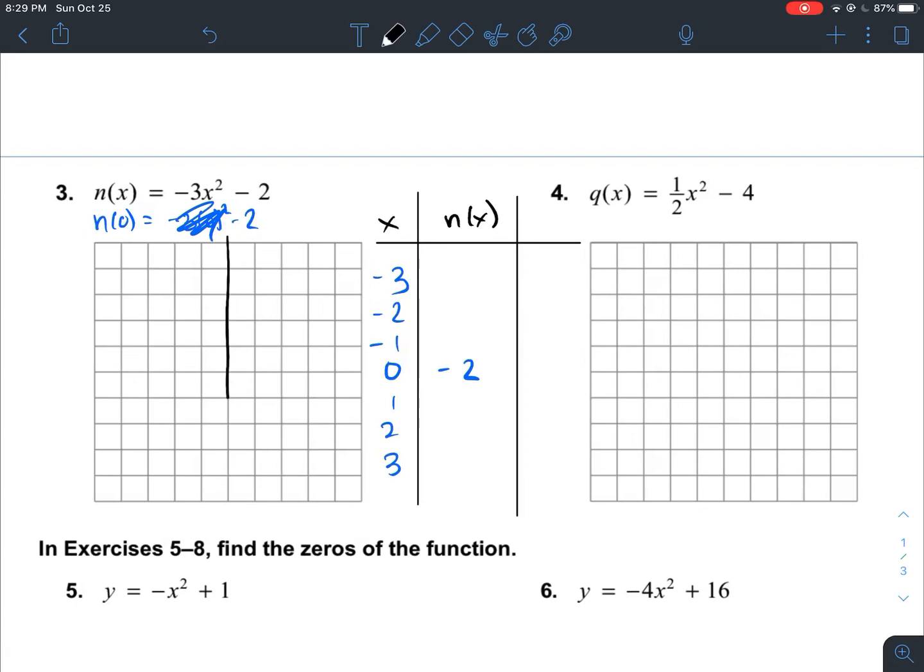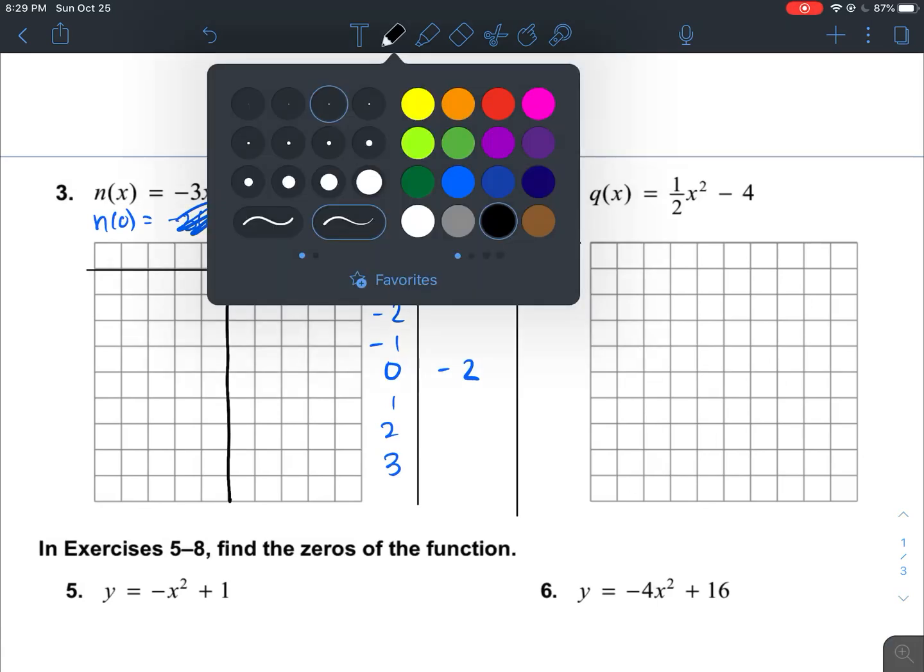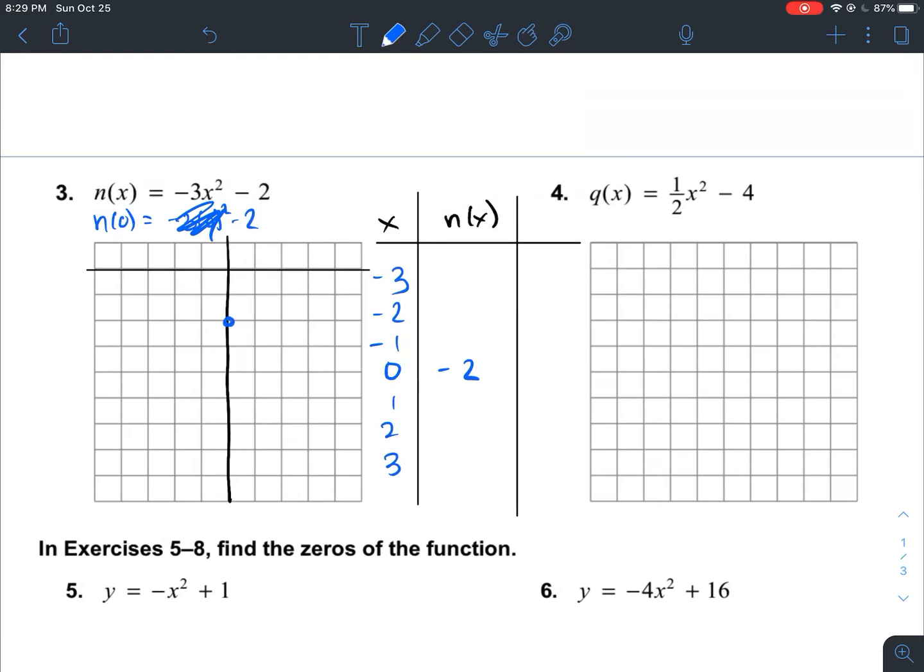So if this is my y, 0, -2, and then reflection. Actually, we'll draw this like up here. Okay, so 0, -2 will be right here.